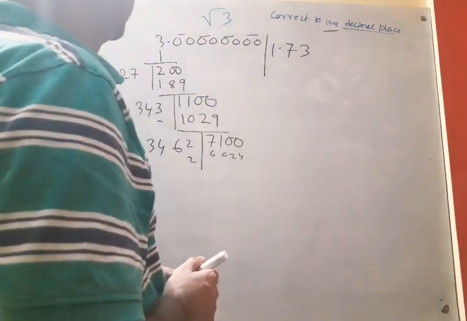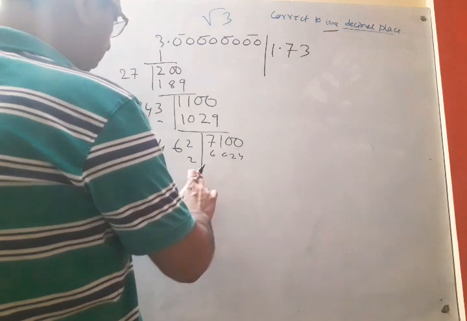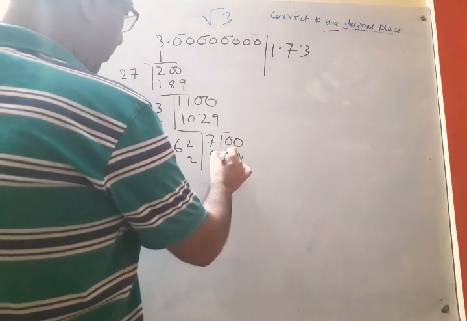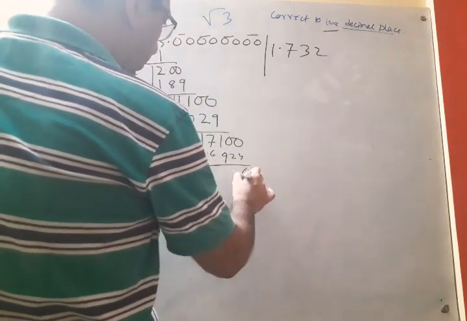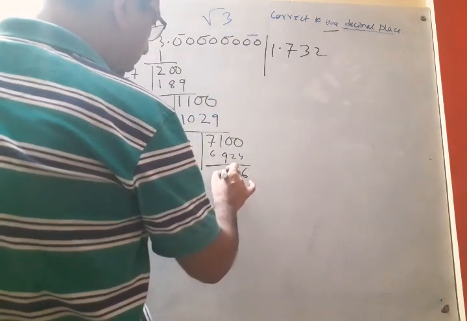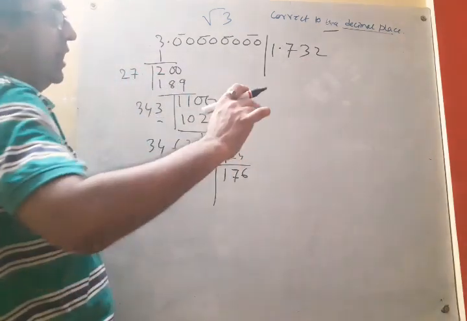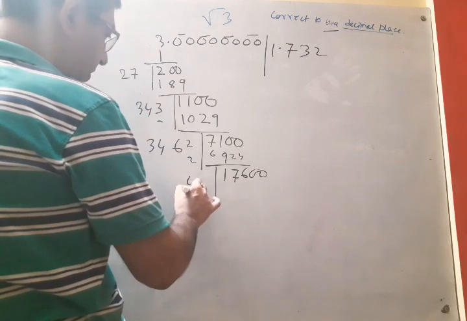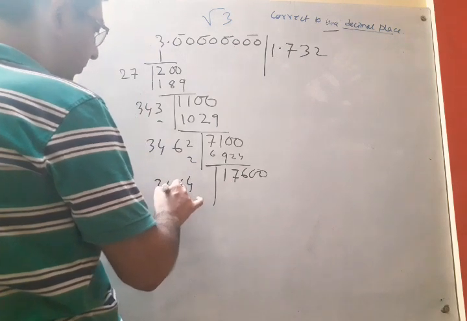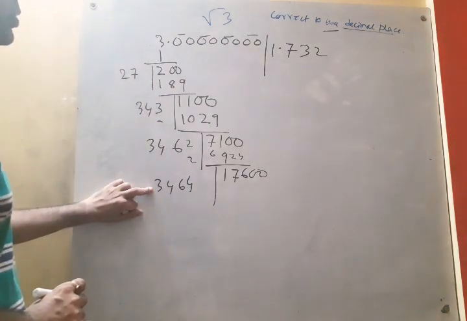Okay. So 2 3 4, 69. It's coming. Right? Only 3 digits have come. We need another one. These 2 zeros we'll add here. 34. Right?